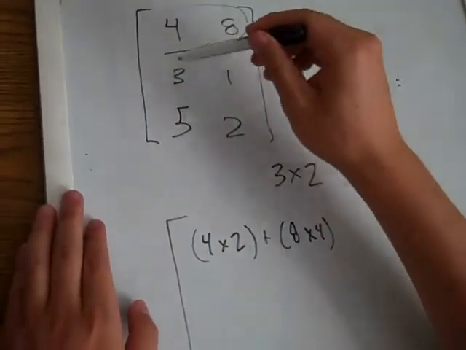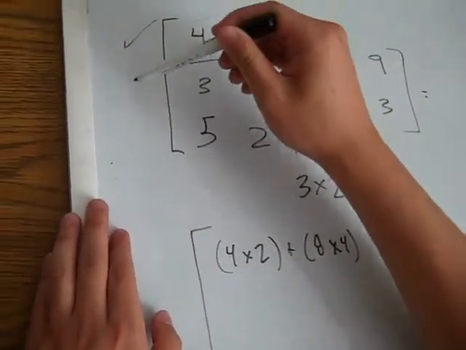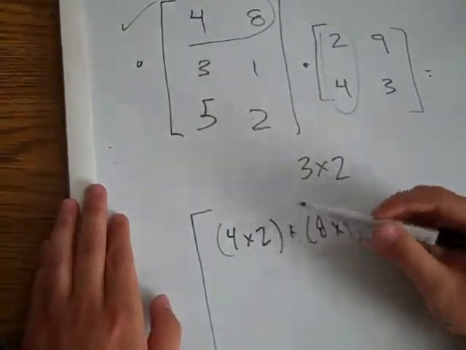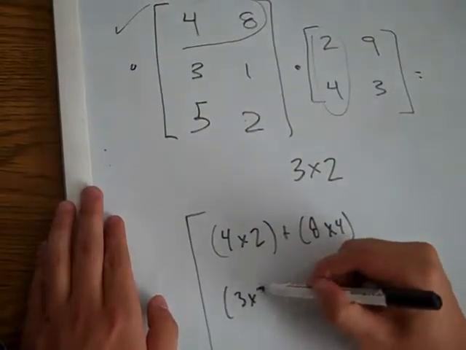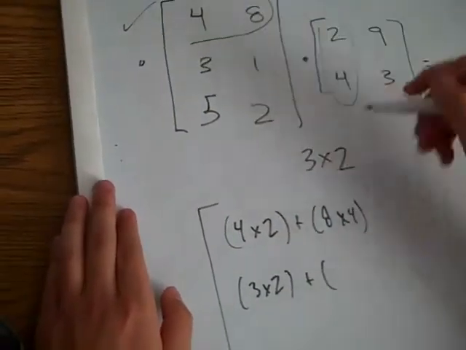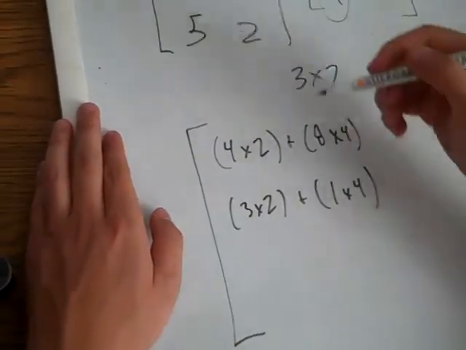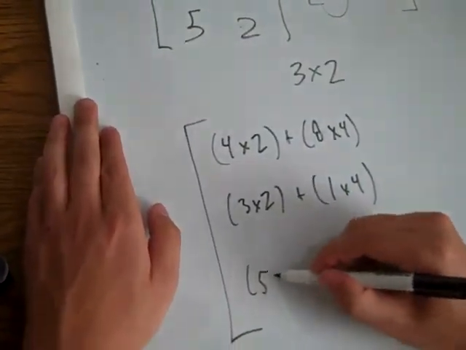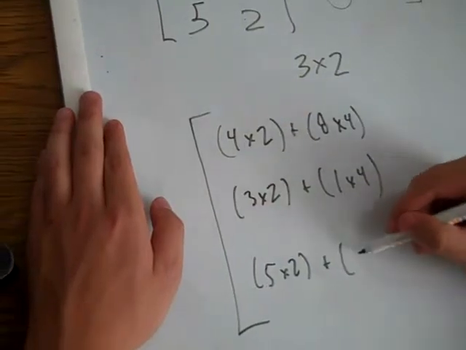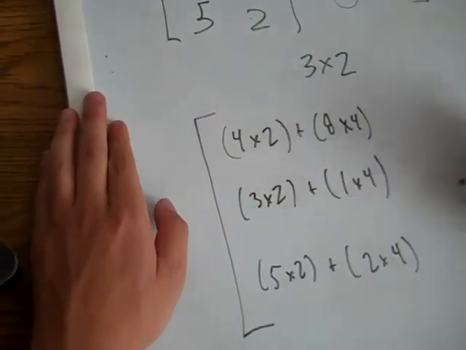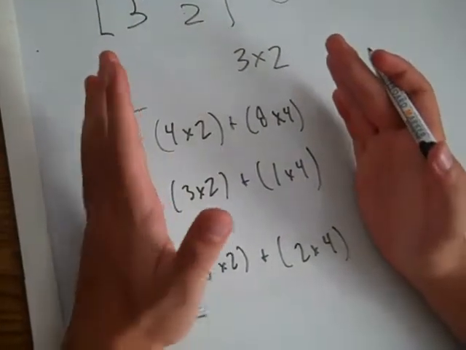So next row, we're done with this row, this is the next row. So first we do 3 times 2, and then we add 1 times 4. And we're done with this row. This row is 5 times 2 plus 2 times 4. So we're done with this first column.